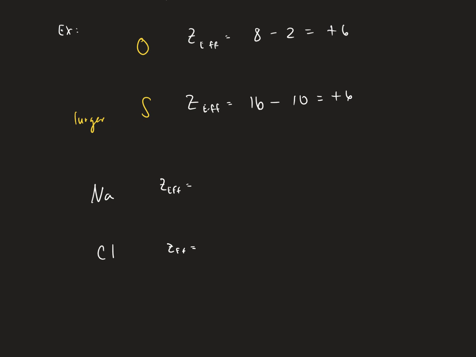Okay, so what's the effective nuclear charge for sodium? 11 minus 10 shielding electrons, that's positive 1. And for chlorine, it's 17 minus also 10, right? That's the next one. So this is plus 7. You with me?